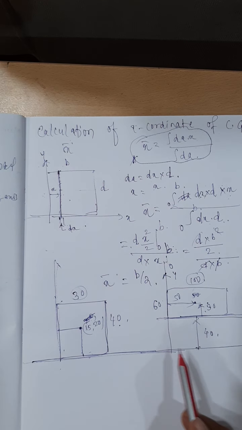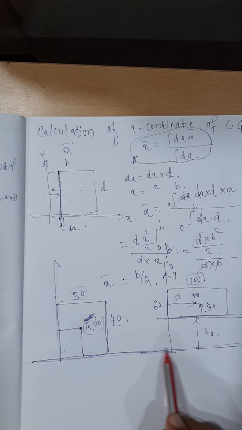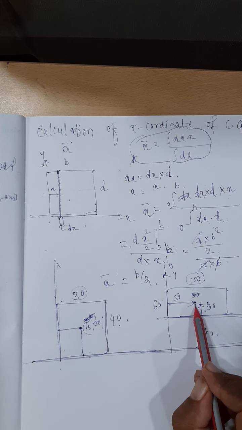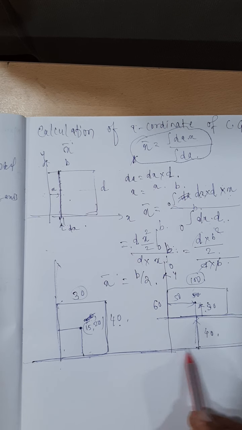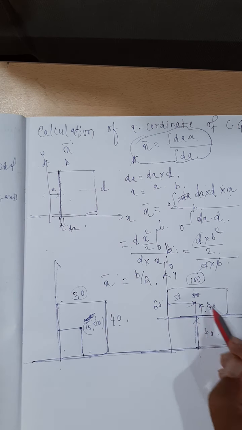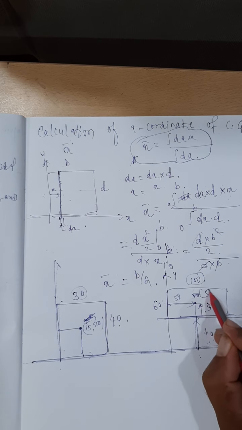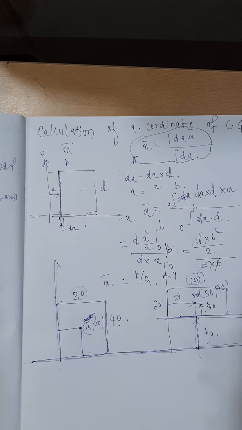But from where do you want it? You want it from here. Therefore, the coordinates of the center of gravity from this line: this dimension is 70 and this dimension is 50. Hence it will become 50 and 70.